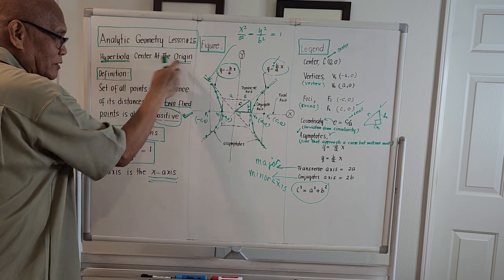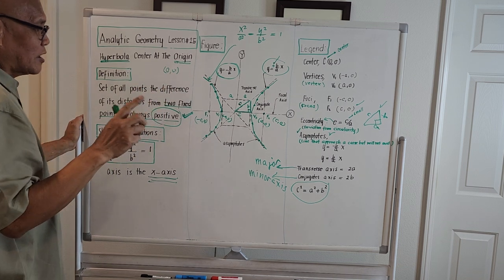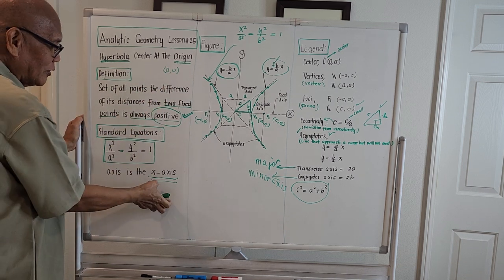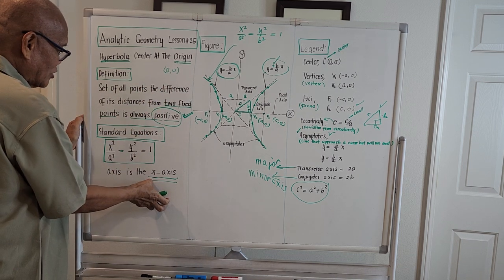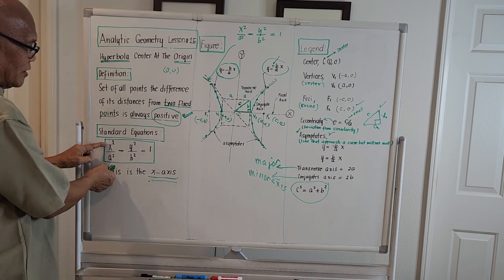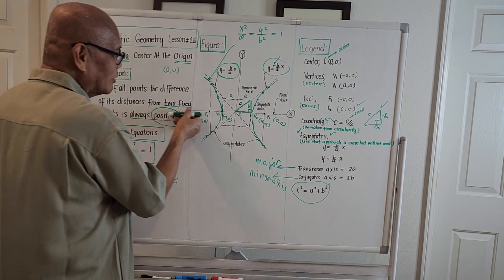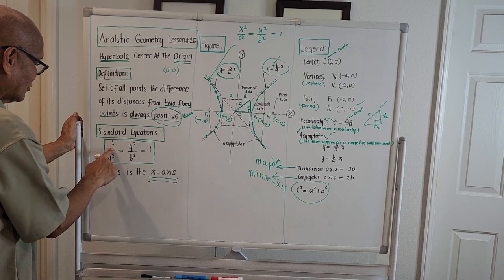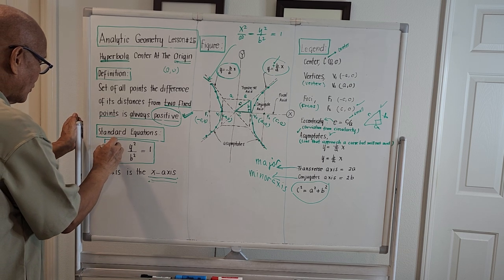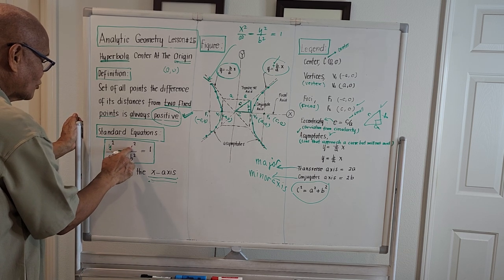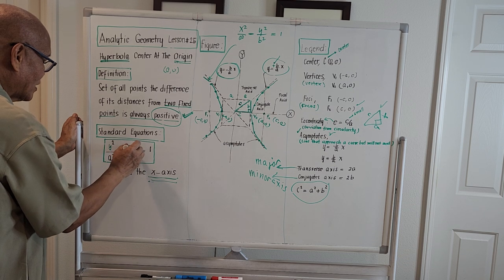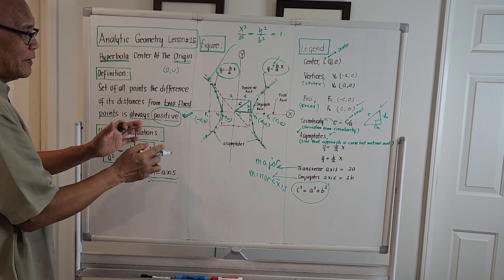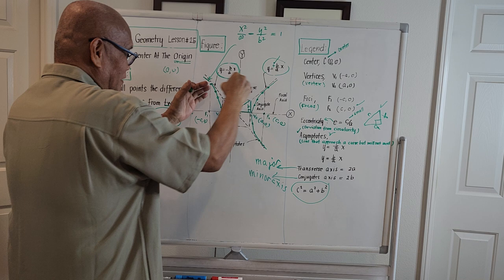Okay, I think those are just the important things under the concept of the study of a hyperbola with center at the origin, in which the transverse axis is along the x-axis. So if this is x and this is a, the transverse axis is along the x-axis. Because if we change this one to y squared, and this will become x squared, the figure will be upward like this.